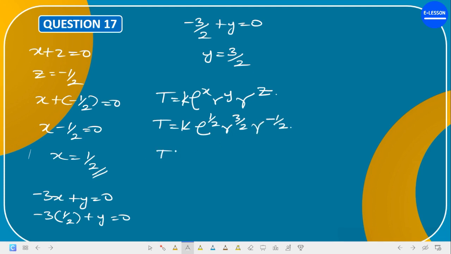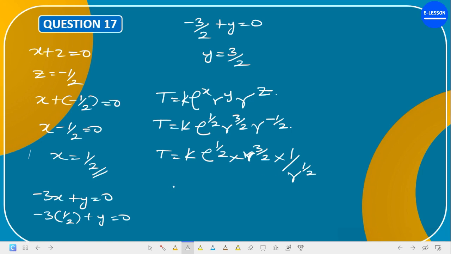Now, this will become T is equal to k. Density is half times rho 3 over 2. Then times, now, if this one wants to come down, it becomes 1 all over this raised to the power of half. Please take note between the radius, I'm writing them almost the same, but they are not the same.